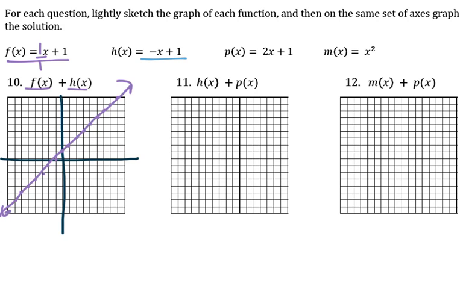H of x starts at the same place, and then it's minus, so we'd go minus 1 over 1, so we're going down like this. So if we add them together, what would that look like? So think about those y variables, those y values. So right here at 0, it's 1 plus 1, so it'd be up to 2, right?